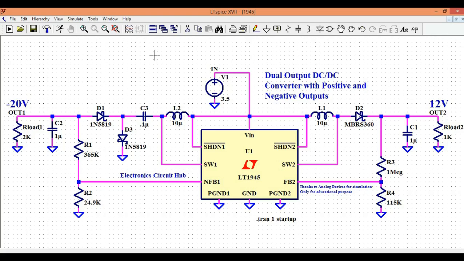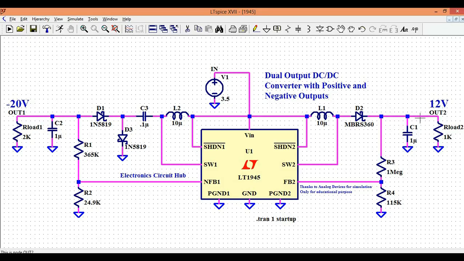So today we are going to understand the design and simulation of a dual output DC-DC converter. If I say dual output, that means this DC-DC converter is going to generate both positive and negative outputs. That is why it is a dual output DC-DC converter.